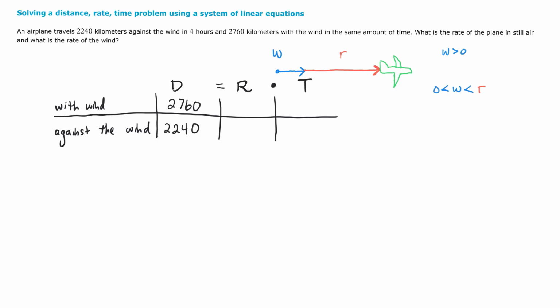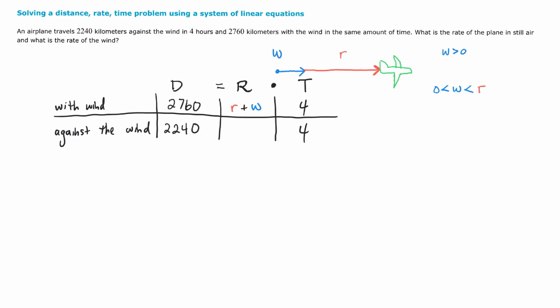It's actually R plus W, right? The plane is going faster. It still traveled 4 hours, either way, or both ways.